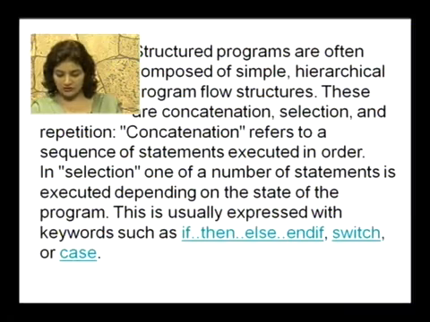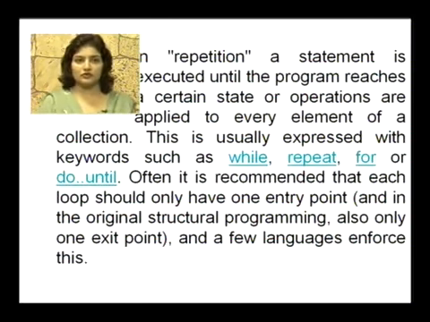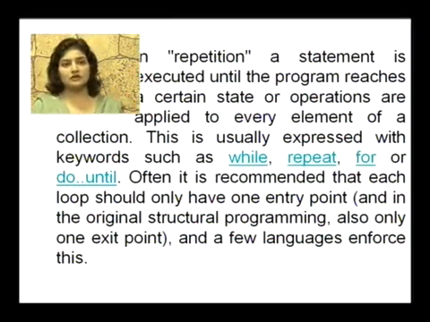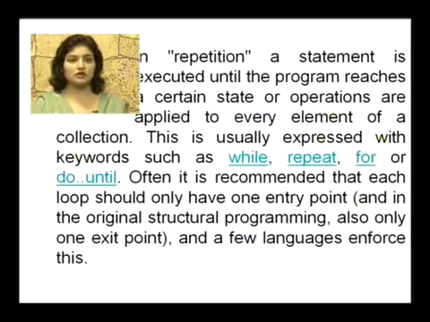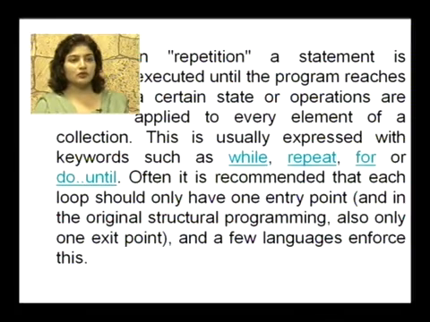The last structure that you are going to use is repetition. Repetition is a statement that is executed until the program reaches a certain state, or operations are applied to every element of a collection. Suppose I want to display a list of numbers. All the numbers have to be displayed.